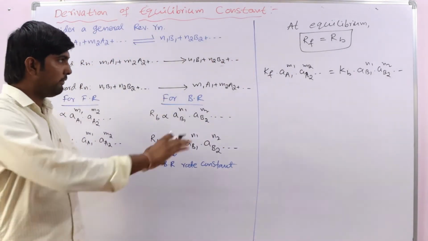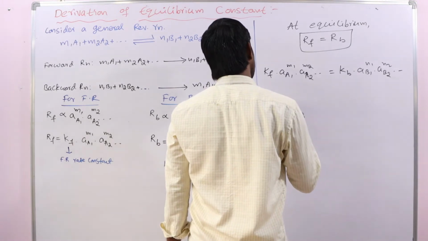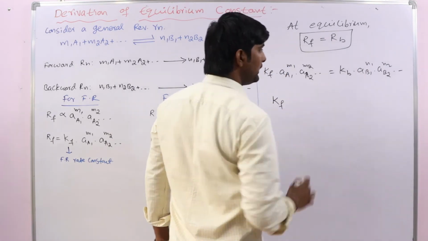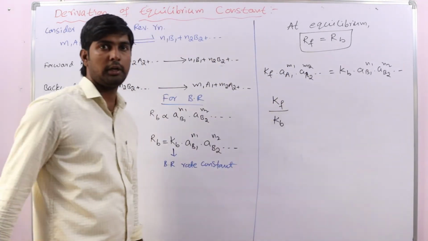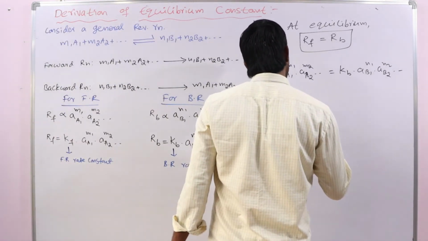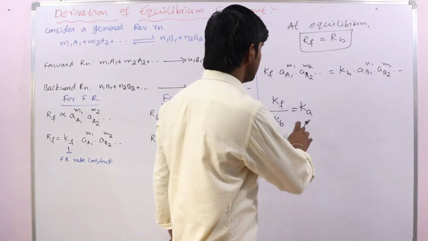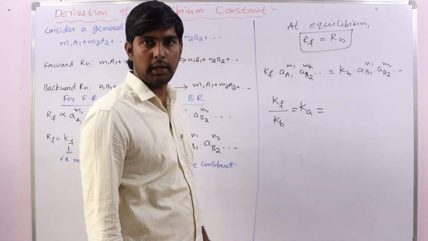Now if we rearrange this equation, take Kb to this side and this entire term to the right side. So now we get Kf by Kb, which equals Ka, the equilibrium constant in terms of active mass. Kf by Kb is nothing but Ka.